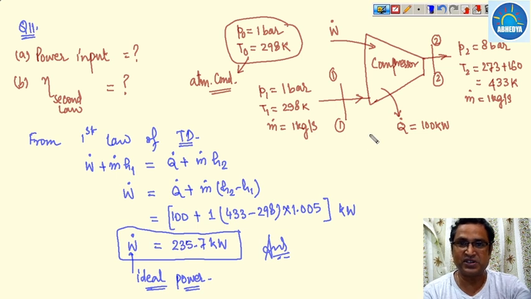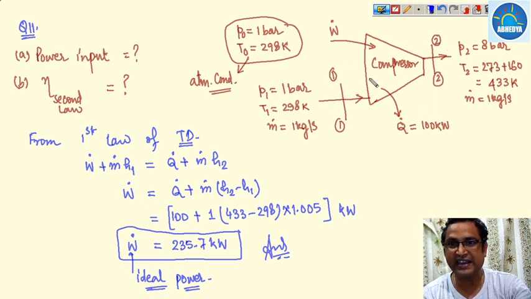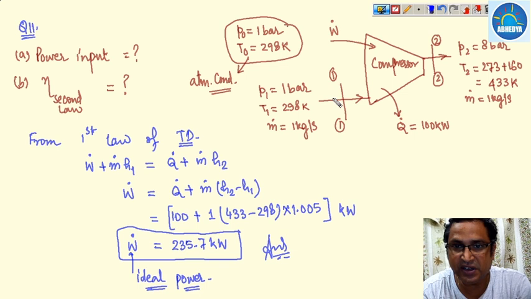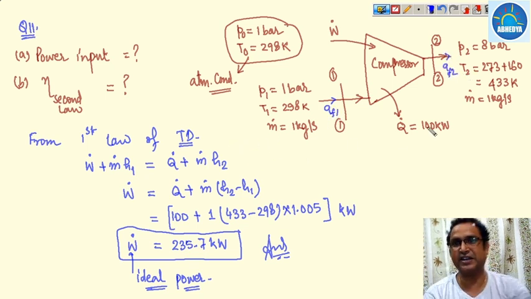Now we are going to consider irreversibility and all that. In that case what will happen? This portion obviously has availability, which I am writing as AF1, and here it is AF2 for the second portion.